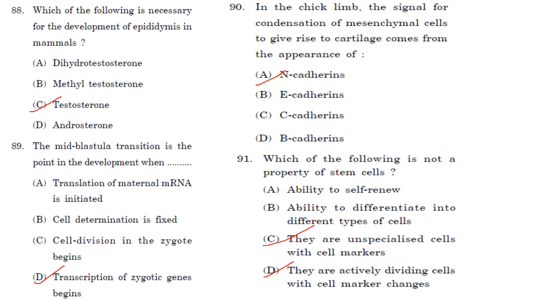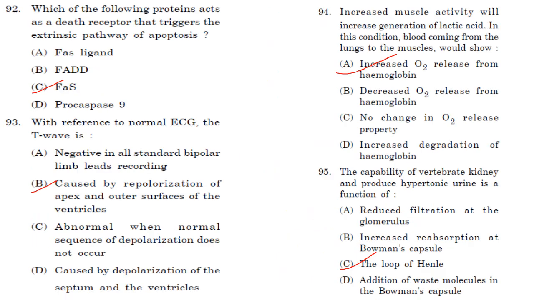They are actively dividing cell with cell marker changes. So either C or D could be the answer. Then, which of the following proteins act as a death receptor that triggers the extrinsic pathway of apoptosis? It is FAS. C.